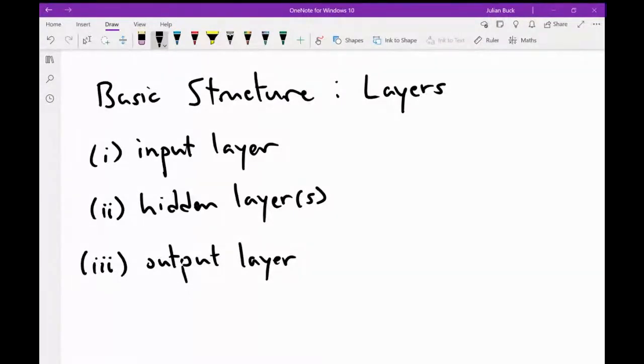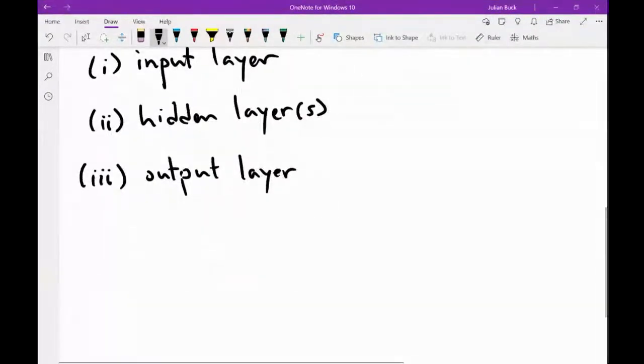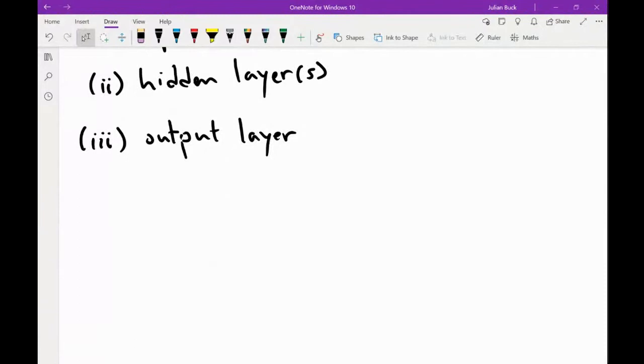So when we have more than one hidden layer, so lots, and in this case, more than one really just means more than one by definition, but typically in more advanced applications you will have many of these.